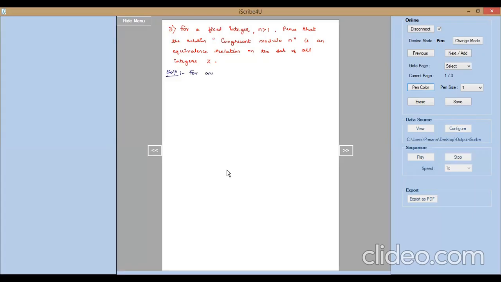For any a comma b belongs to Z, a is congruent to b modulo n, which is symbolically represented like this. A is congruent to b mod n, right? This is the symbolical representation for modulo.